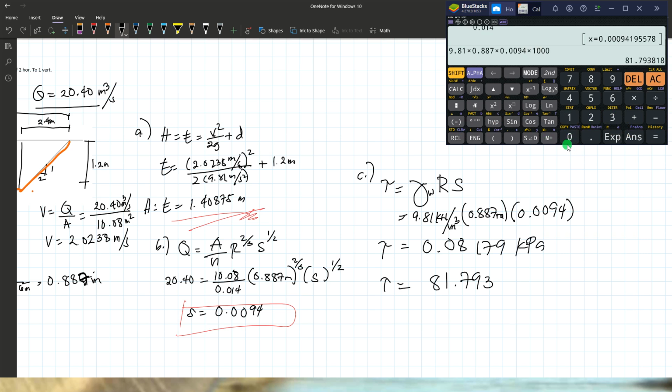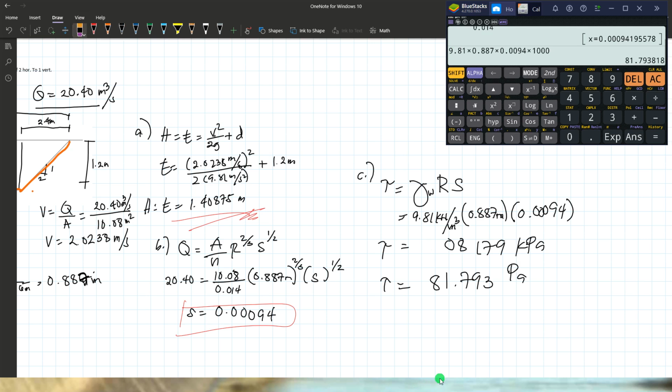81.79793 Pascal. Just a correction, this is 0.0094 as you can see on the screen. So with this 0.0094, we will just move one decimal place.